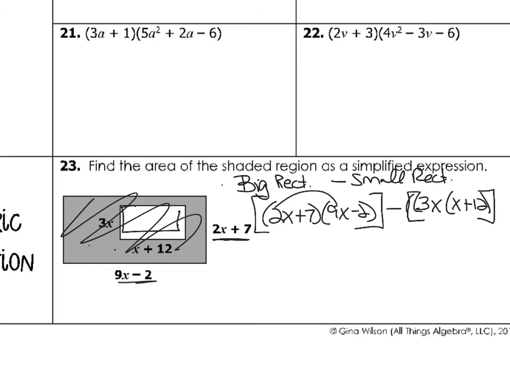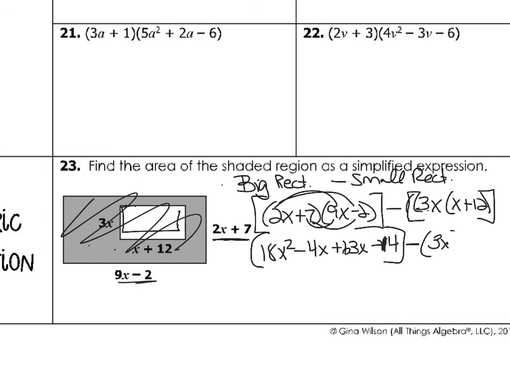Okay, so let's get this. So 2x times 9x is 18x squared. And then we got minus 4x. And we've got plus 63x. And then minus 14. Okay. And this is going to be 3x times x is 3x squared.